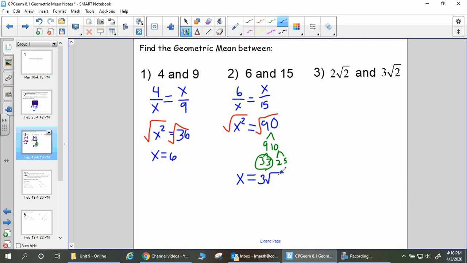Inside I have the single 2 and 5, so that means 3 root 10. You also want to get a decimal answer. Type the square root of 90 into your calculator, not 3 square root 10, just in case something went wrong with your tree. Typing the square root of 90 gives you an accurate decimal. In this case, to the nearest tenth would be the decimal 9.5.